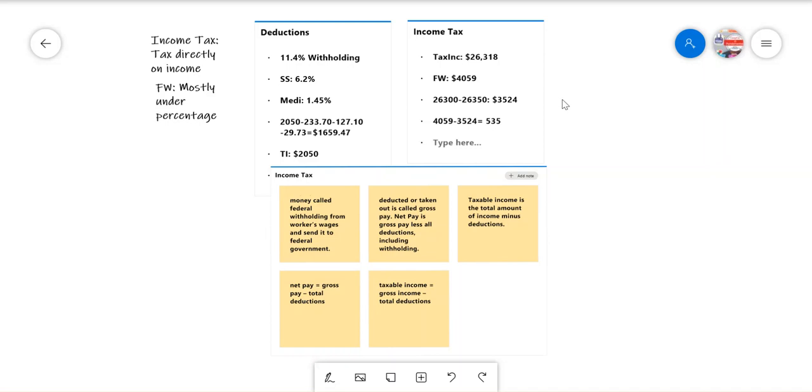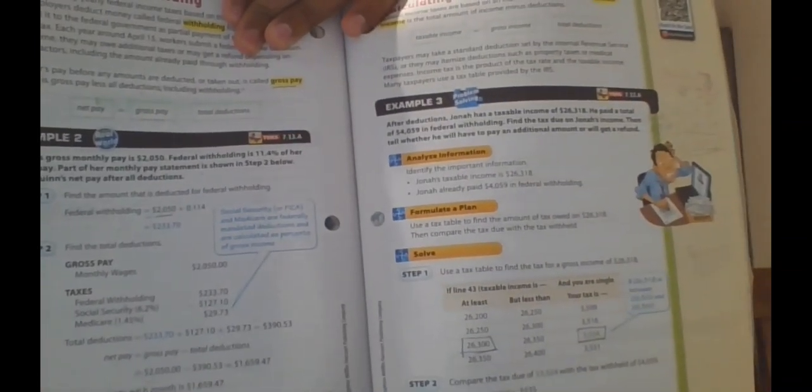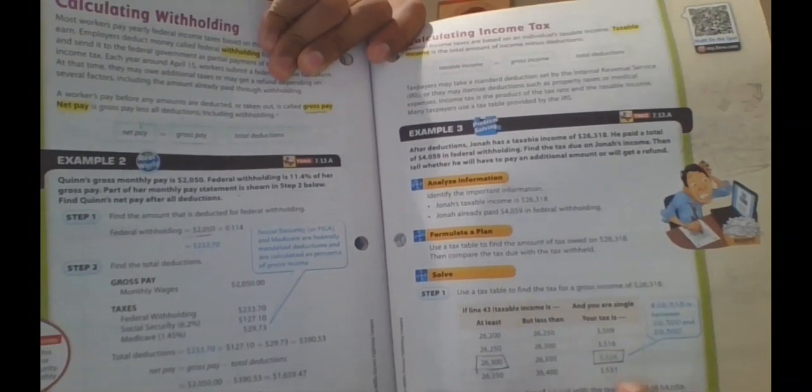Now, when you will be taught this in school, most of the times they will give you a table as such. Right here.